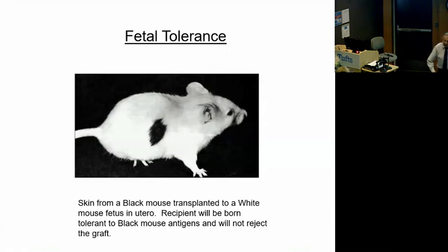But for the rest of this baby's life, it is tolerant to black tissue. You can give it a kidney from the black strain, a liver, a heart. Now, isn't that exciting? And that is why, when little babies are born with congenital heart disease, horrible, they're going to die, if you can get a tissue donor, you can do a transplant of a new heart into that baby.